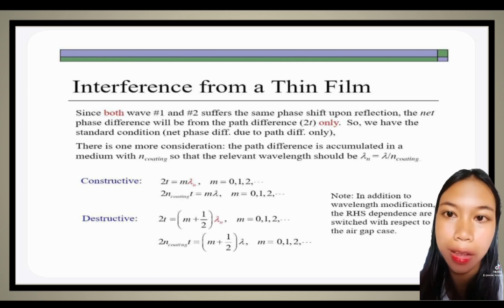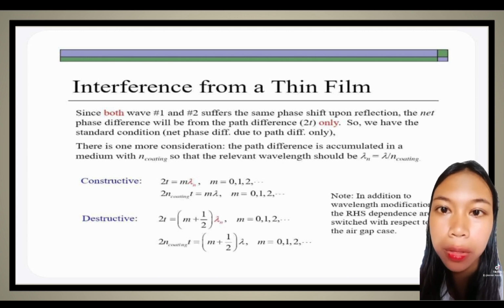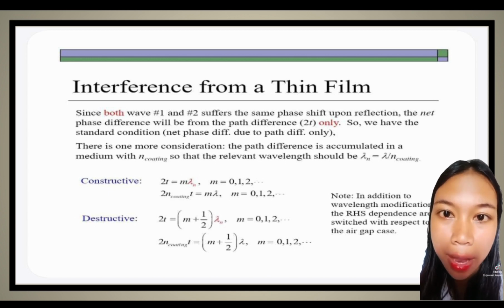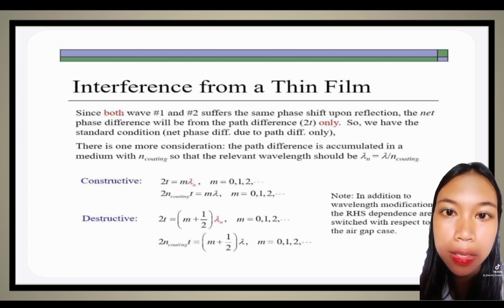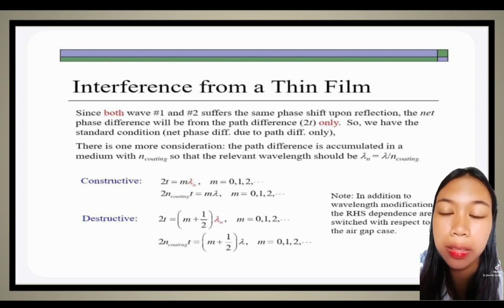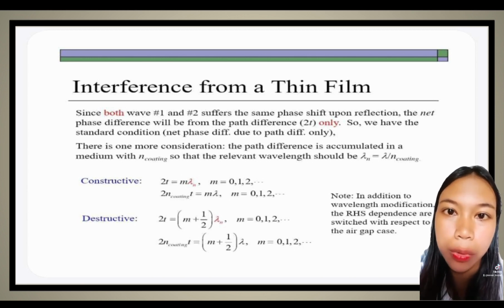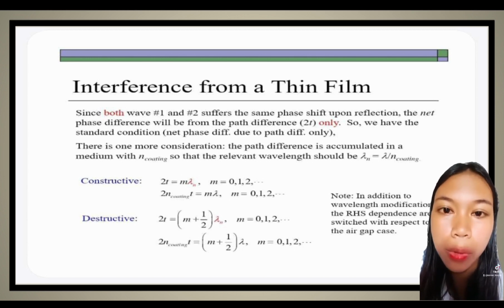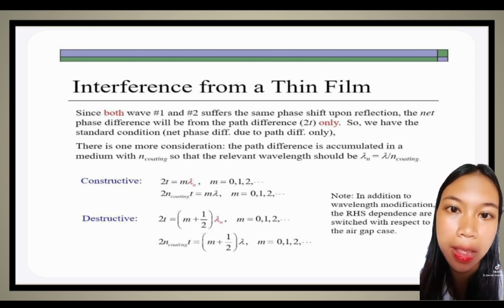Now, in constructive interference, the formula is 2t equals m lambda n, which gives 2 n coating t equals m lambda, m equals 0, 1, and 2. In destructive interference, 2t equals (m plus 1/2) times lambda n, so 2 n coating t equals (m plus 1/2) times lambda, where m equals 0, 1, and 2.